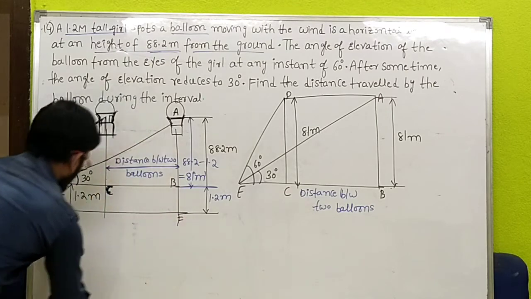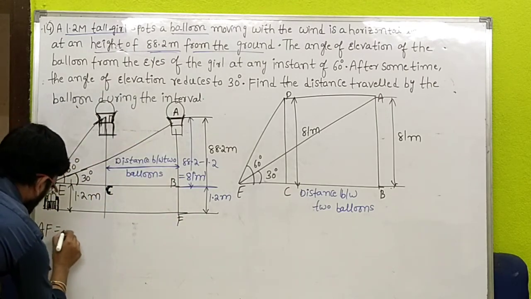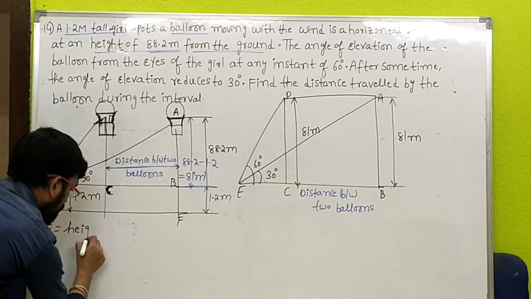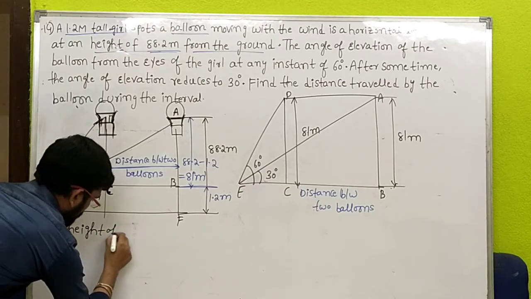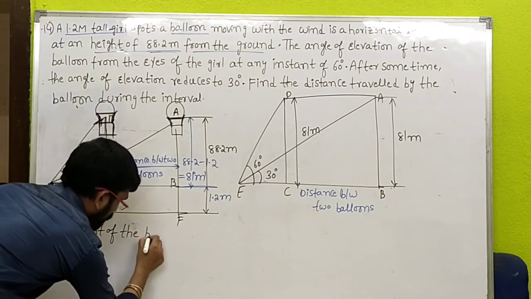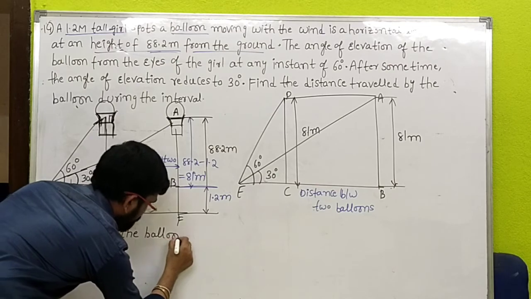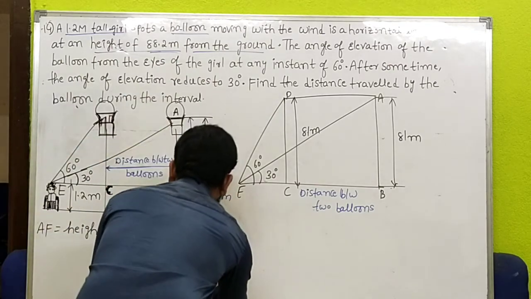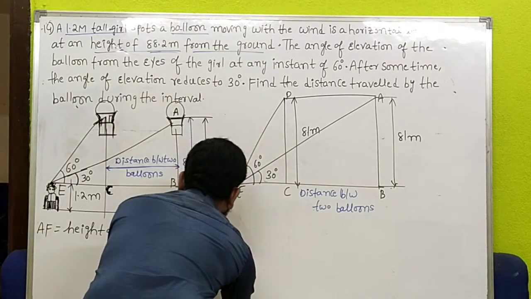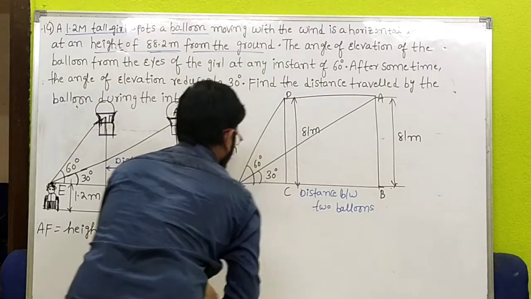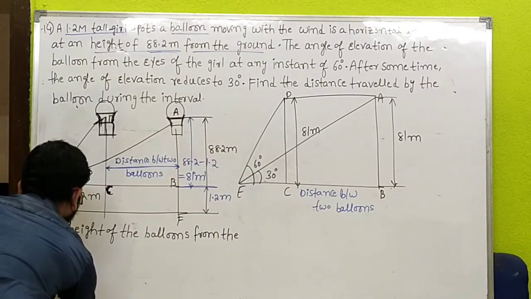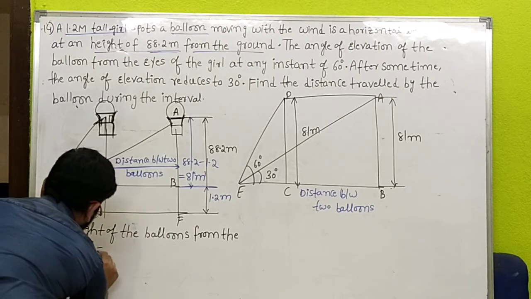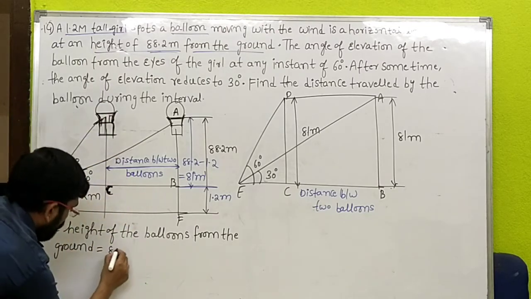Let us take F. AF equals the height of the balloon from the ground. The height of the balloon from the ground is given as how much? 82 meters.